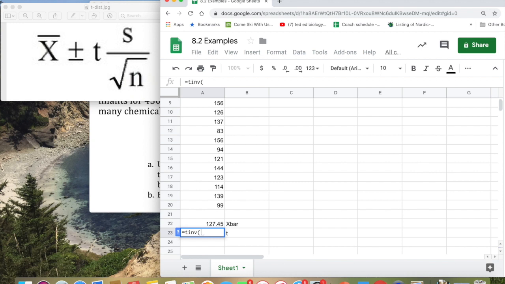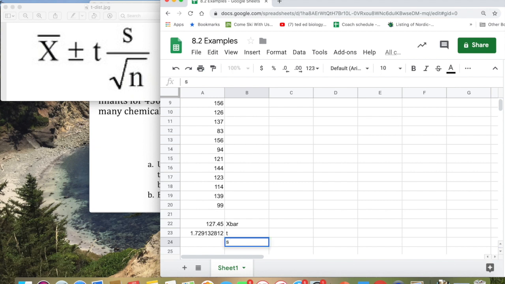And then the first thing you need to type in is, since this is a 90% confidence interval, that means that there's 10% probability that the data point would fall in either one of those two tails at the ends of the normal distribution graph. So 0.1, comma, and then the degrees of freedom, which if n is 20, is n minus 1, so 19. And that gives us a t-score of 1.73 approximately.